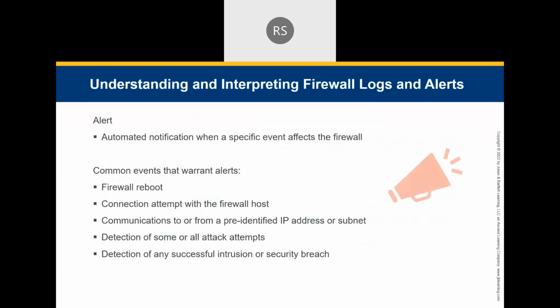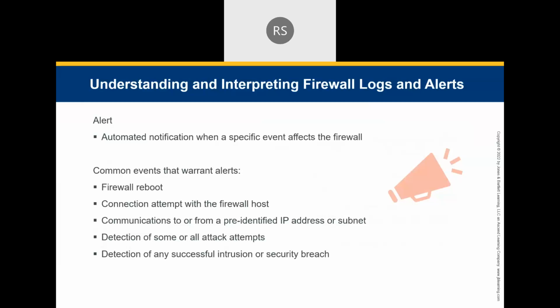Now, alerts are automated notifications triggered by specific events affecting the firewall. So some common events that warrant alerts include a firewall reboot. You have notifications for any attempts to establish connection with the firewall host. You also have alerts based on communications to and from a predefined IP address or subnet.